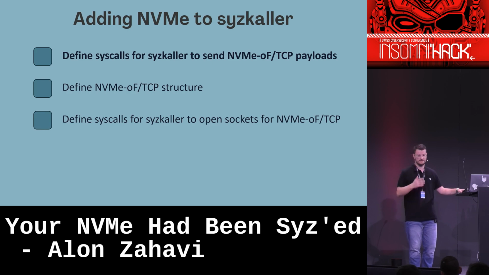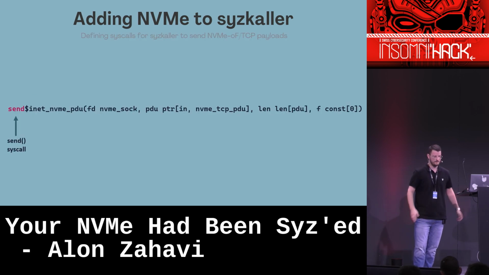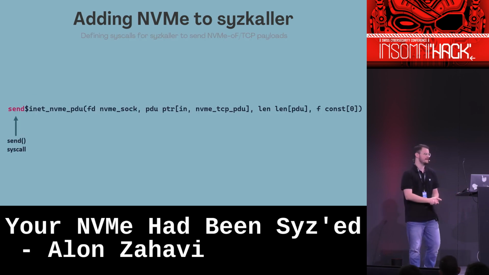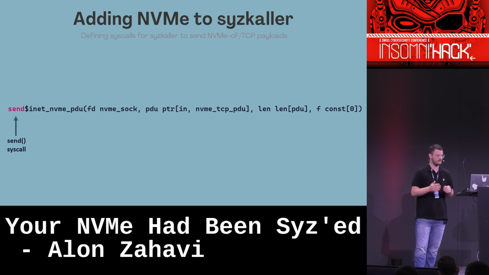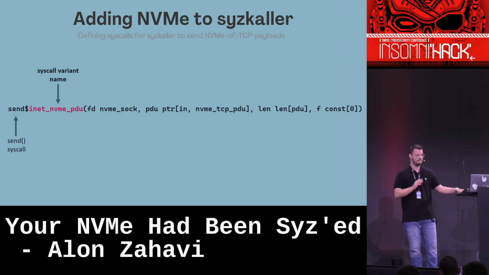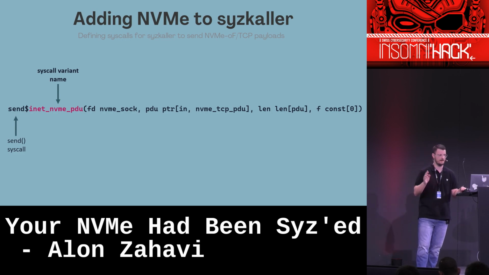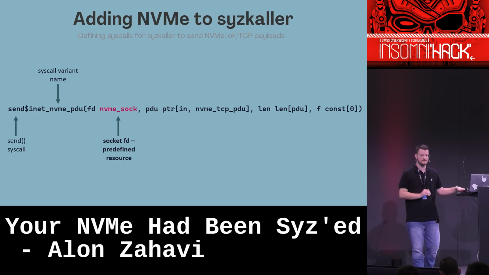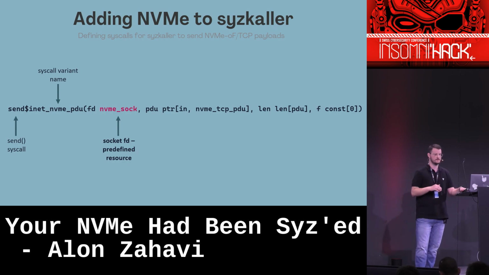Let's start with sending. For doing that, we just use the send syscall, and we use the variant. We created the variant inet NVMe PDU. PDU stands for Protocol Data Unit. This is just a fancy name for the payload itself. We pass it the NVMe sock, which is a predefined resource we created to get only NVMe sockets.